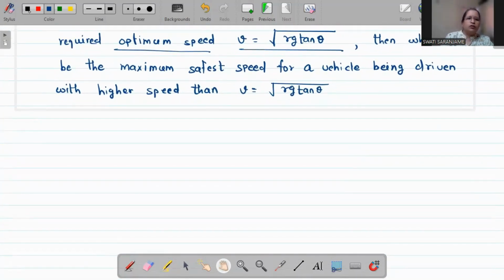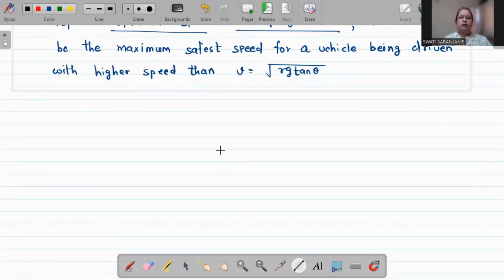So let us draw the required figure, as it's an important part for getting a good score in the theory exam. Obviously, all this we are seeing is for scoring good marks. Now this is the inclined banked road.